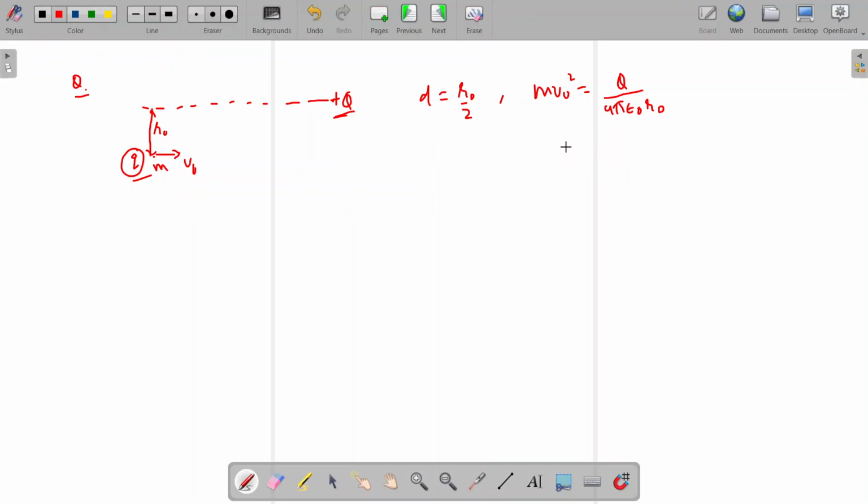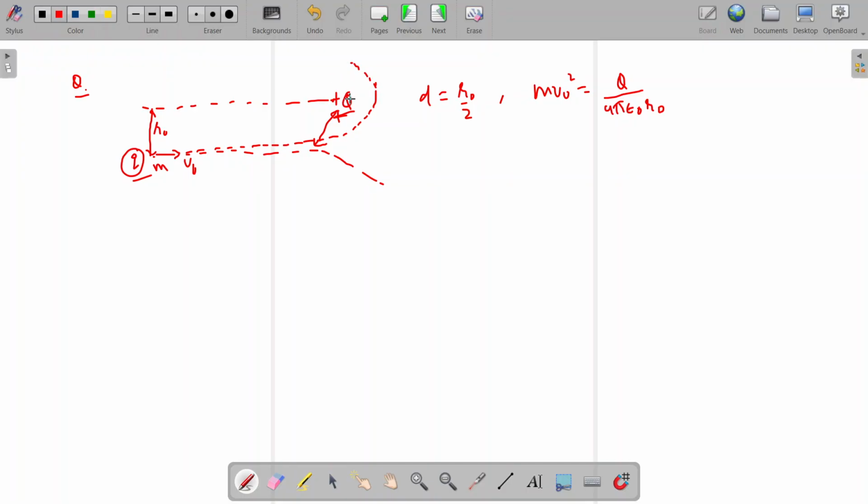When we approach such a question, our natural approach is to assume that the charge q can't be positive. When it is positive, it would be repelled away from this plus Q charge, and in that case it is not possible for the distance between charges to reduce. So that means it is a case when the charge gets attracted towards plus Q charge and it moves in this kind of path.